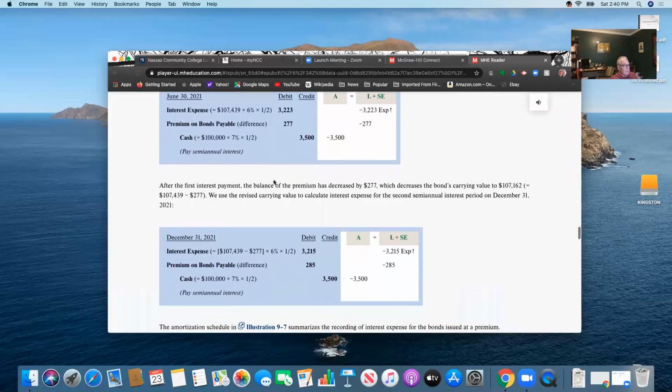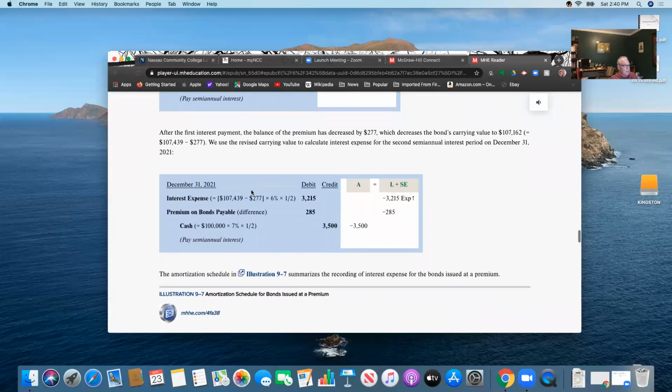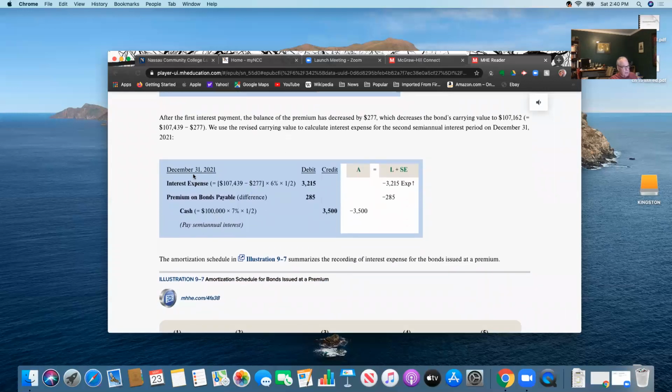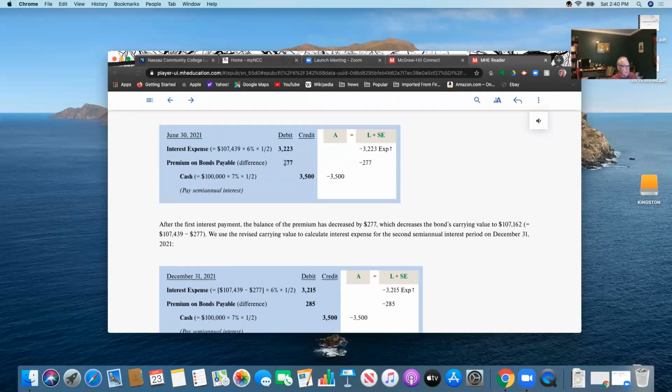Okay, now notice what happens. With premium, we subtract it from the carrying value. With discount, we added it to the carrying value. So here we have a debit to interest expense. This is the next payment, the December 31st payment. We're going to take the original carrying value and subtract that 277.